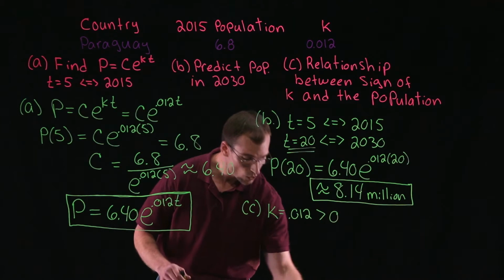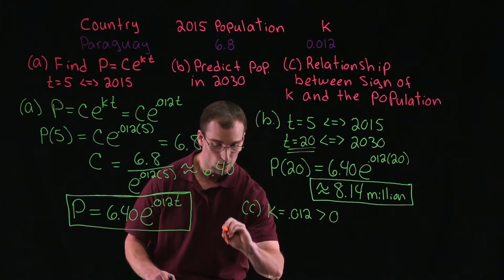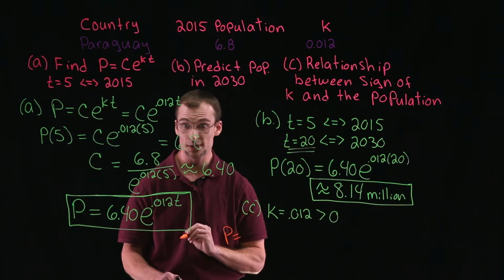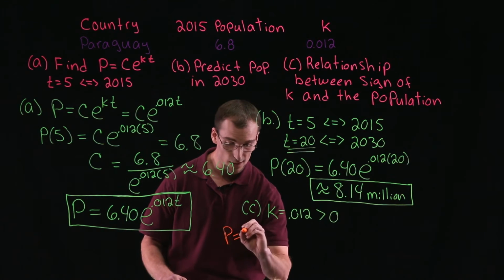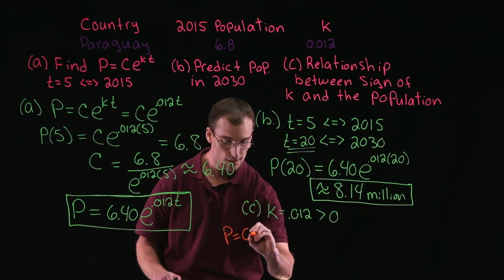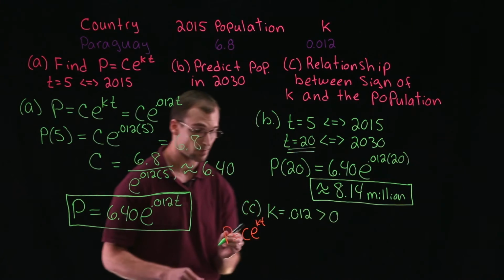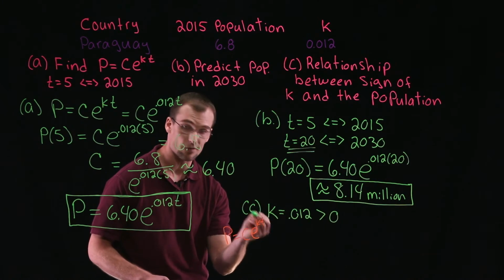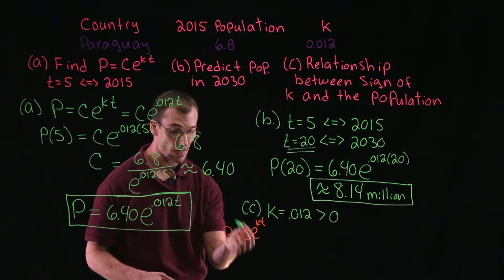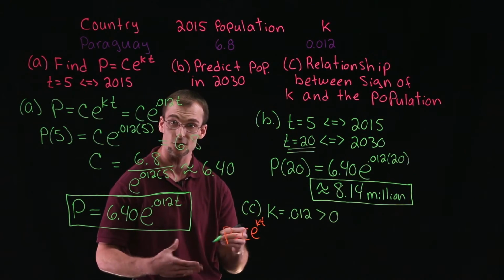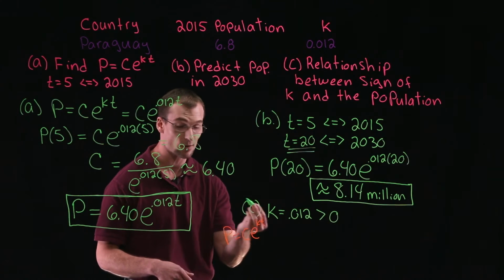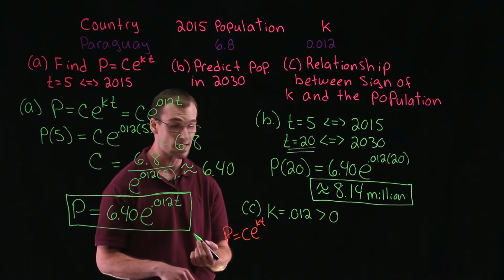Well, going back to what we know about our growth and decay models, starting back at the beginning, we have P is equal to C times e to the kt. What we know about these models is that if our rate of growth, or the value of k, is positive, then the value of P on the left side is growing or increasing. If it was negative, it would be decaying or decreasing.